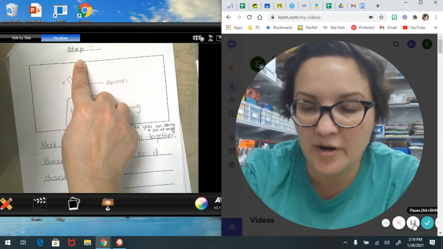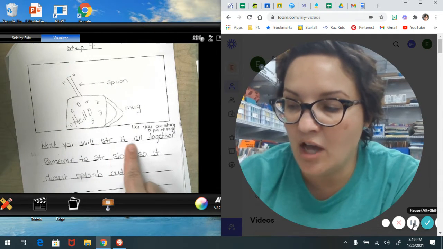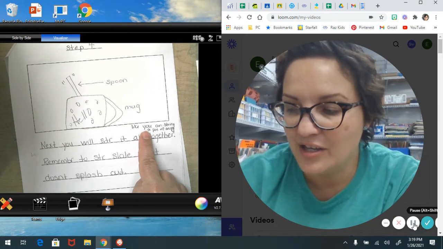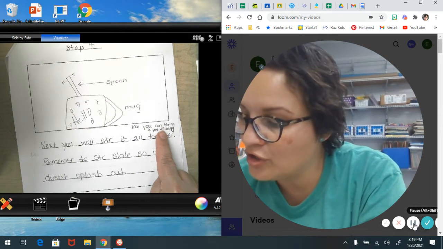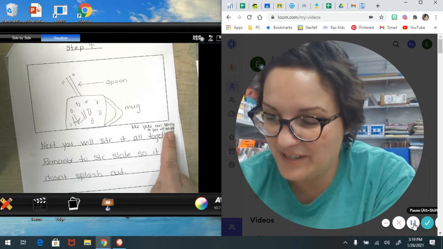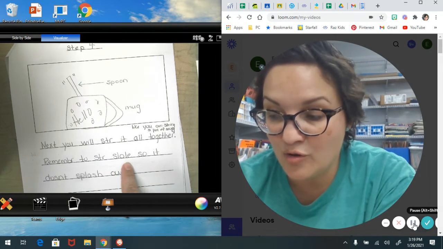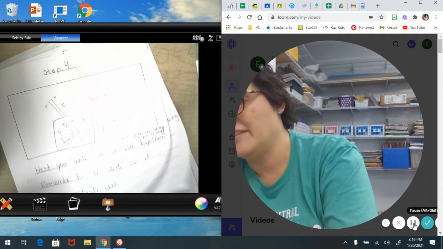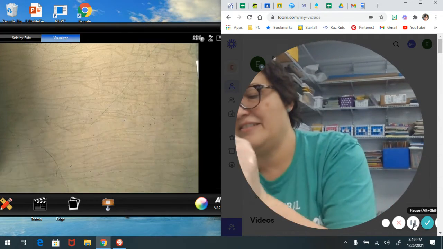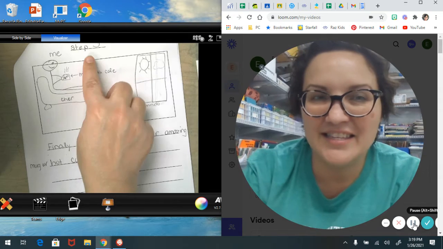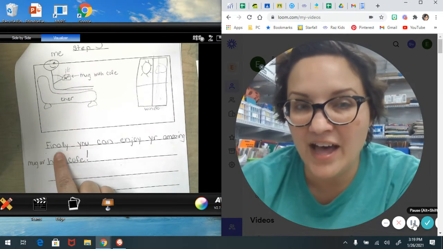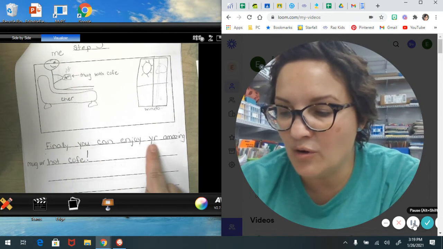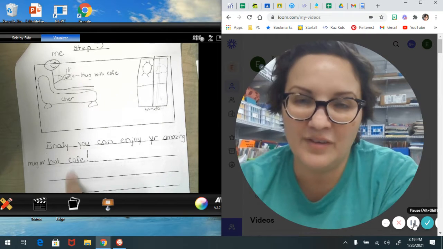Step 4. Next, you will stir it all together like you are stirring a pot of soup. Remember to stir slowly so it doesn't splash out. Step 5. Finally, you can enjoy your amazing mug of hot coffee.